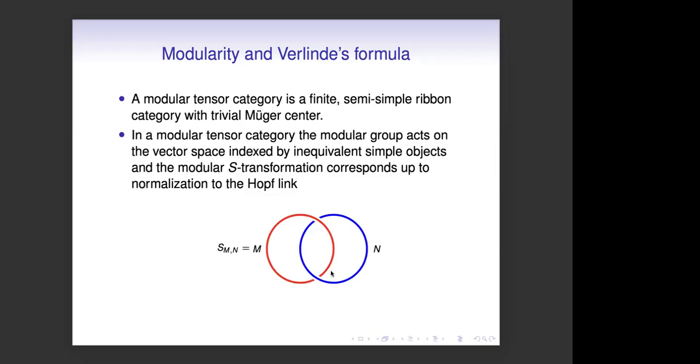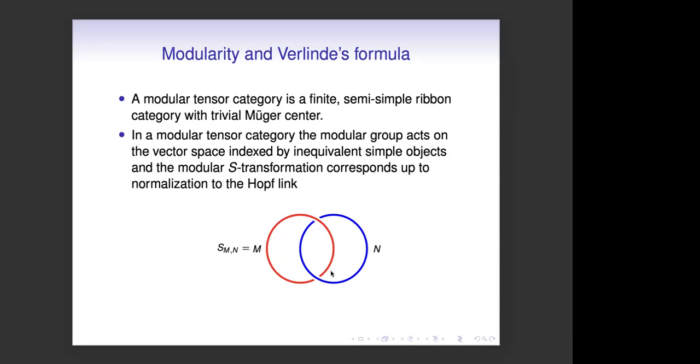Now, a modular tensor category is, as I said, a finite semi-simple ribbon category with a non-triviality condition called trivial Müger center or factorizability. What that means is, if you take any two simple objects, you can look at the monodromy, that means the double braiding, which is a morphism from object times object to object times object, so that you can close it, take the trace of it, and you get a scalar. And so this gives you a matrix of size the number of inequivalent simple objects.